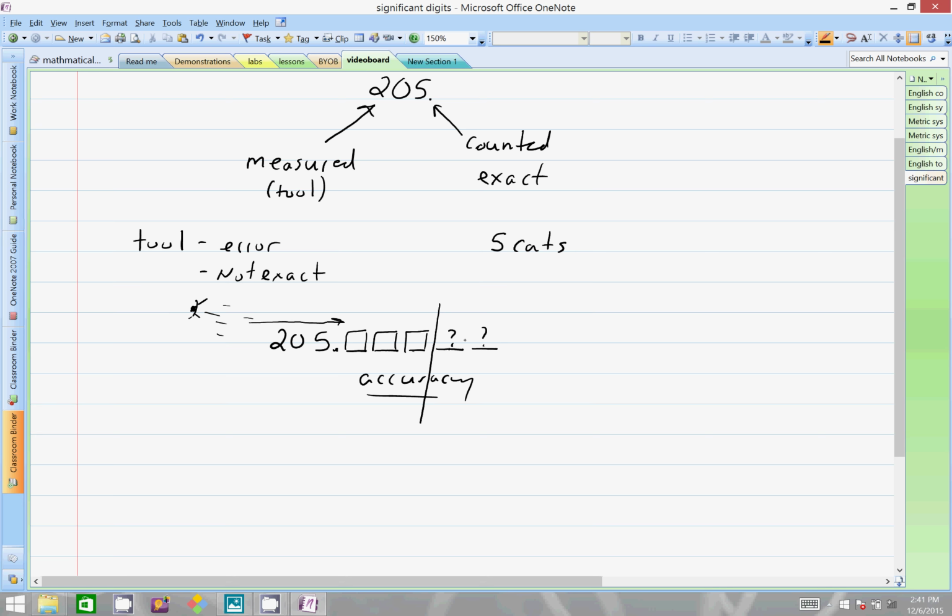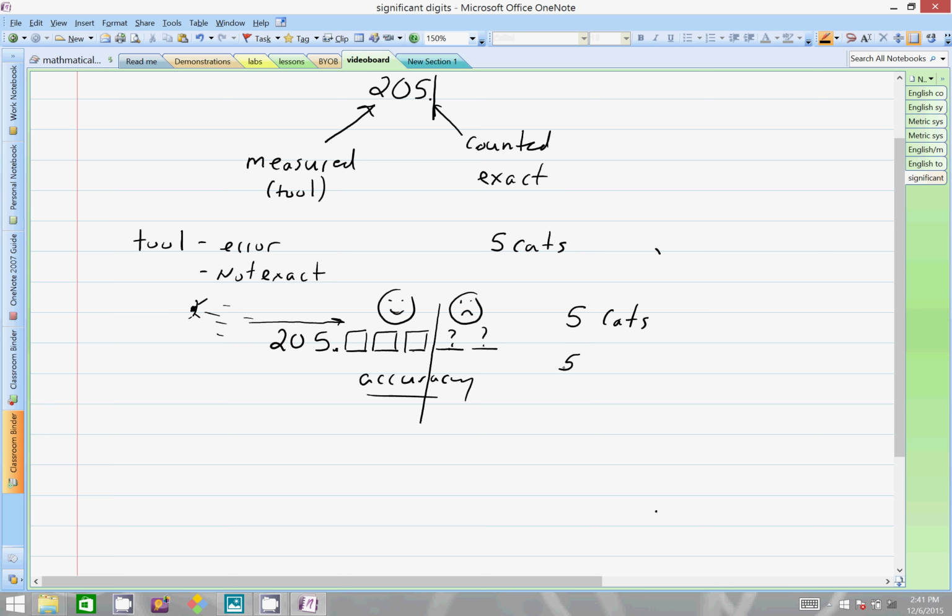Every time we look at a number, we should realize that this number loses accuracy right here, as opposed to 205.0, which loses accuracy here. As soon as the number stops, basically the tool has ceased to see anything beyond that point. Sometimes I put a little frowny face here and a smiley face here. I mean, we know these numbers, but we don't know these ones. Now, an exact value, let's say, 5 cats.